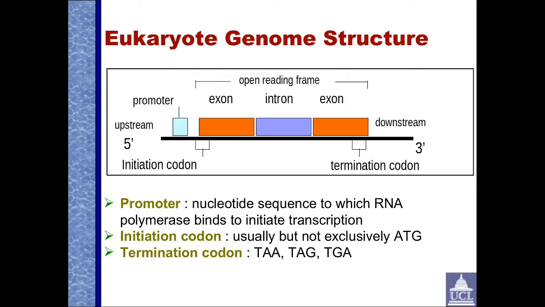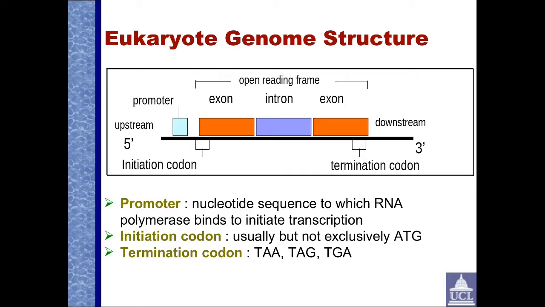And of course the first exon will contain some sort of initiation codon, usually the AUG codon coding for a methionine, and then at the end of the final exon there will be a termination codon, a stop codon. Now, there may also be transcription factor binding sites upstream of the open reading frame, and we will talk about those in a separate lecture.